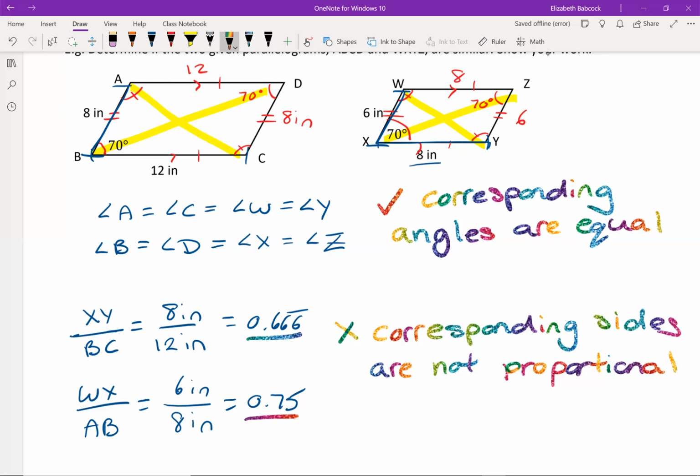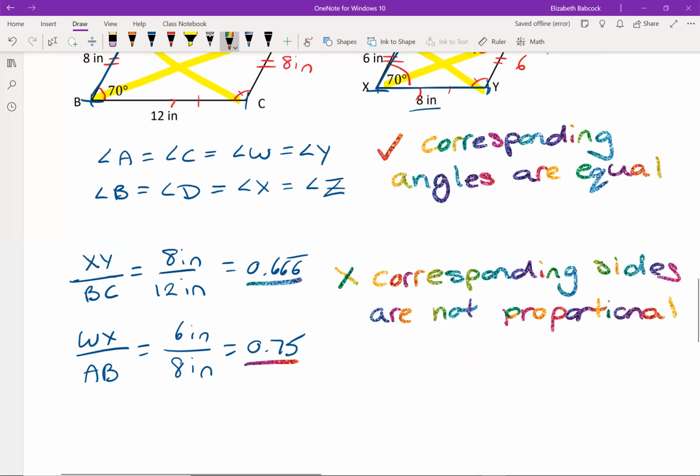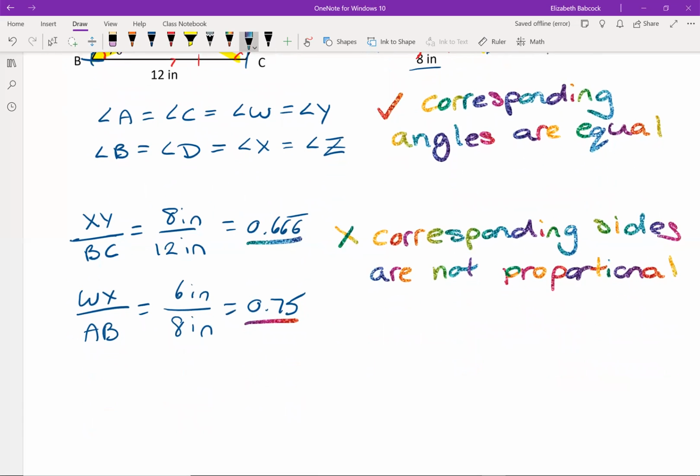Even though we do meet one of the criteria, we don't meet both. So therefore, they are not similar. However, you cannot just say yes, they are similar, or no, they are not. You need to show why.